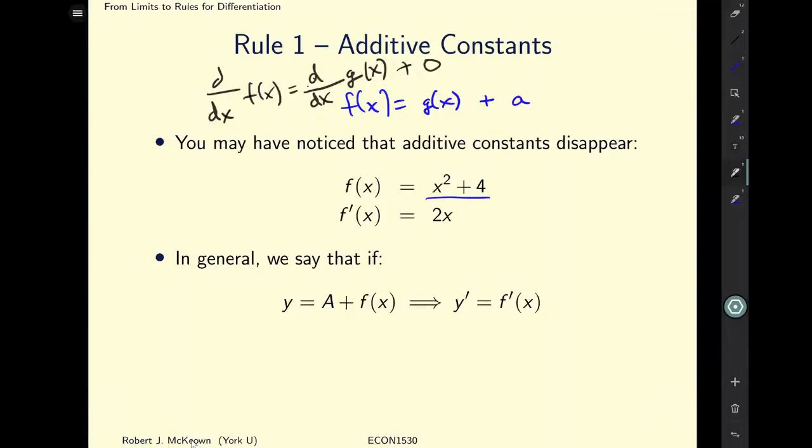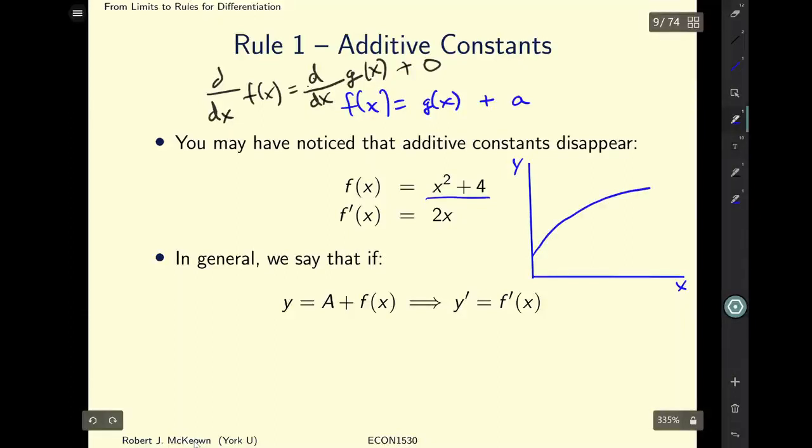And the intuition behind that is really quite simple. So I've drawn a diagram here, and I'll just create some curve that looks like that. And we'll call this g of x. And I'll write another curve like so, and I'll call it g of x plus 4. It's a little bit messy the way I've drawn it.